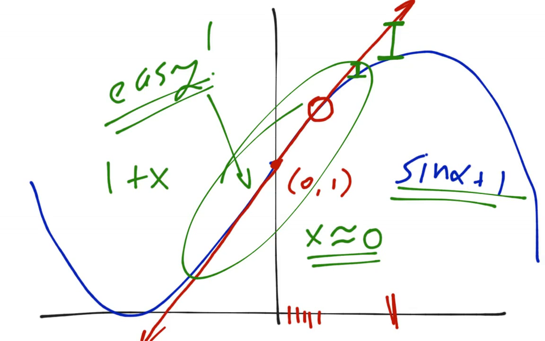Here's another way to use the tangent line of a function to approximate the original function. So let's say we have some function, looks like this, and I have an original point here at x comma f of x.